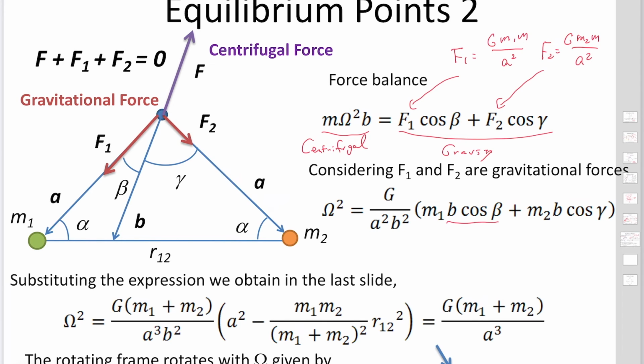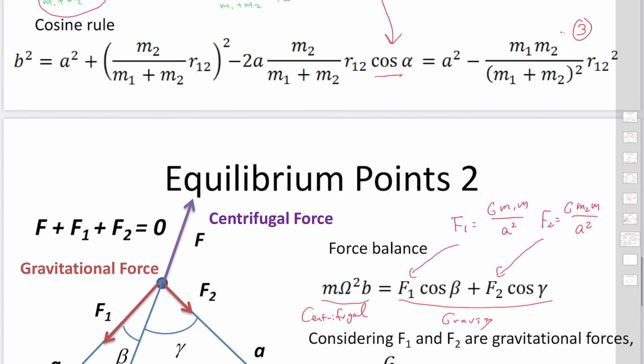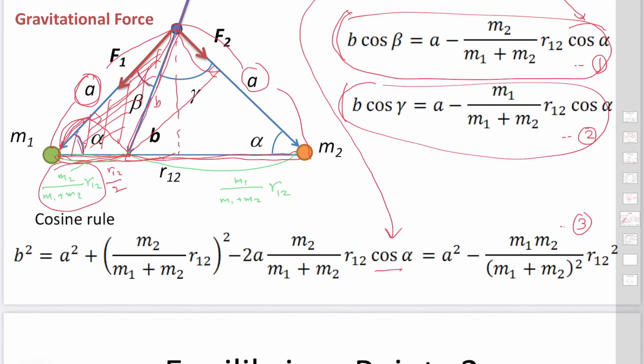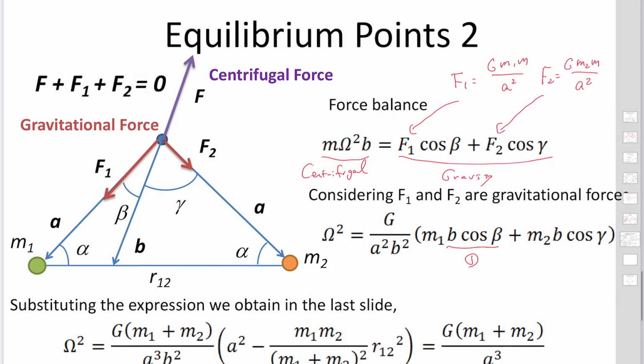And for b cosine beta, we can use equation 1, so you can substitute into this equation. For equation 2, we can also use these equations.